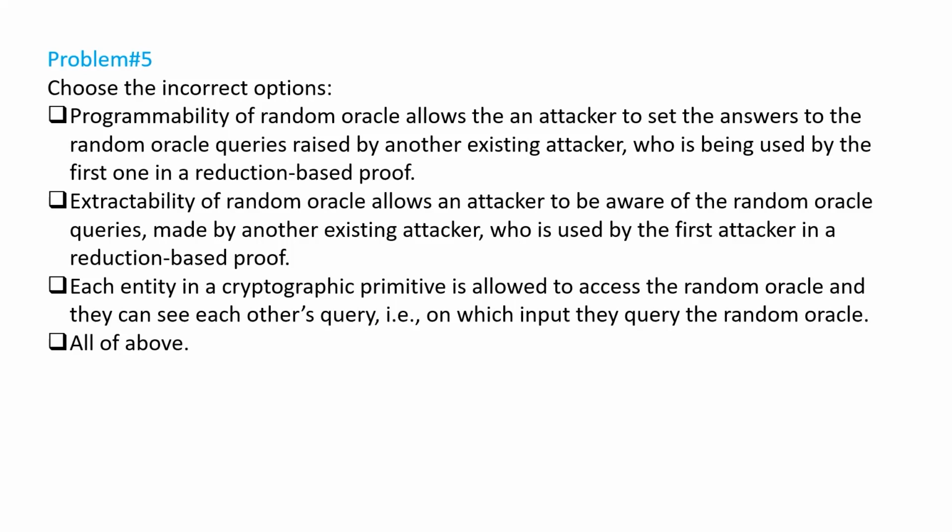Now, if A is doing some query to the random oracle, by the extractability property of random oracle, A dash is able to see for which inputs A is querying the random oracle.